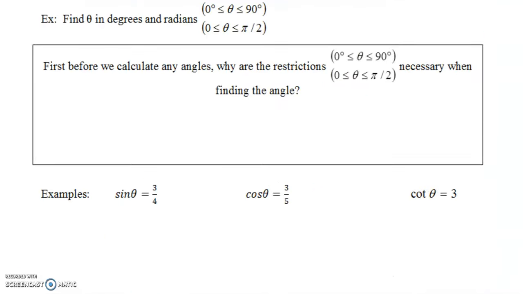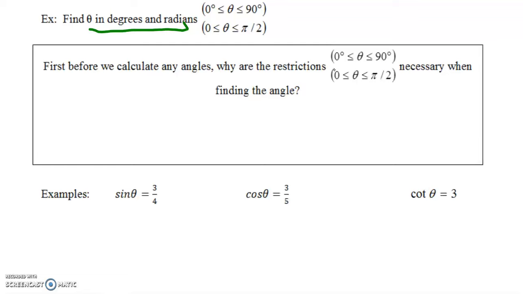So with all of that calculator stuff in mind, that can help us solve equations in the calculator as well in both degrees and radians. But first, before we find anything in degrees or radians, some of you might be asking yourself, why are these restrictions suddenly here? And so I ask, before we calculate any angles, why are these restrictions necessary when finding an angle?